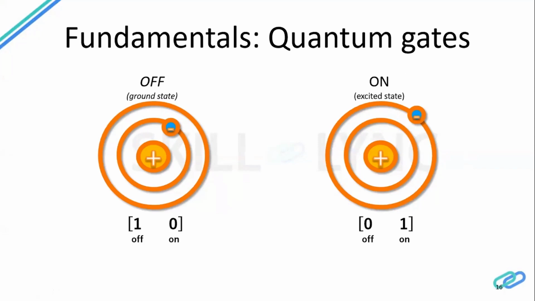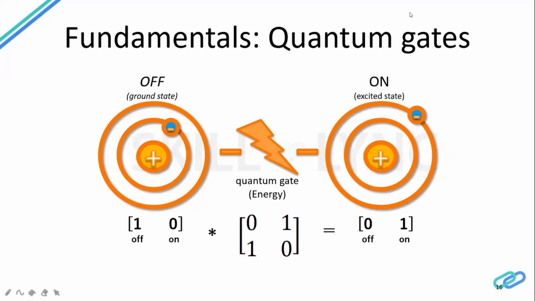And what is the NOT gate doing here? To make the electron move to the excited state, I have to give some energy so that the electron will jump to the excited state. So 0 will become 1 if I give some energy, and 1 will become 0 if I remove some energy from that electron.